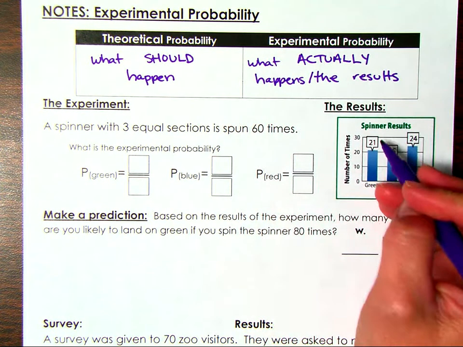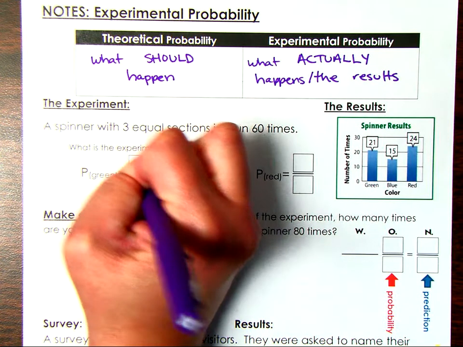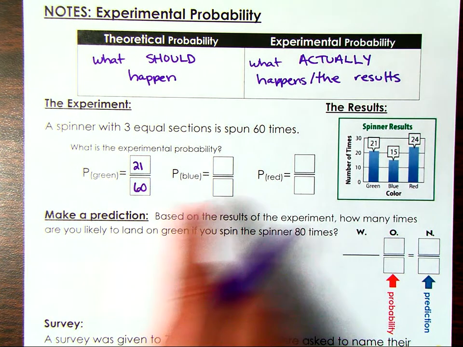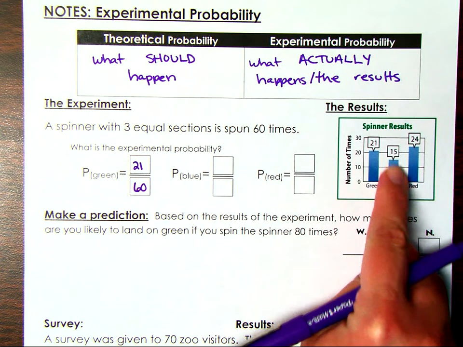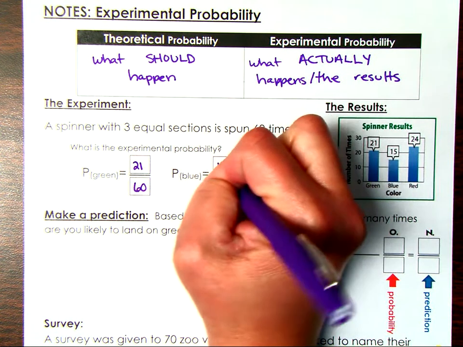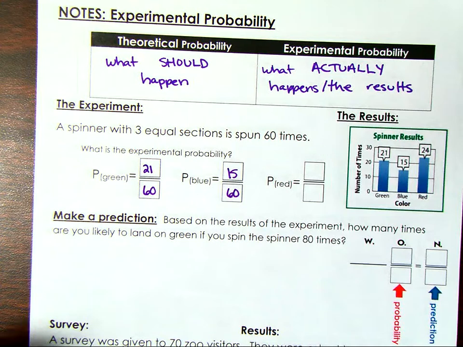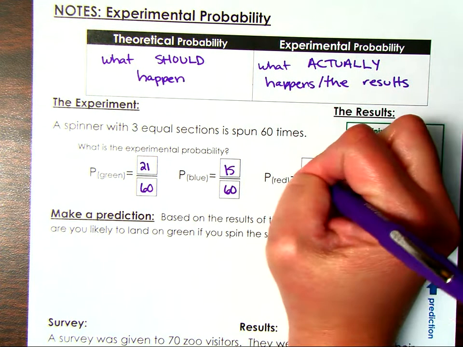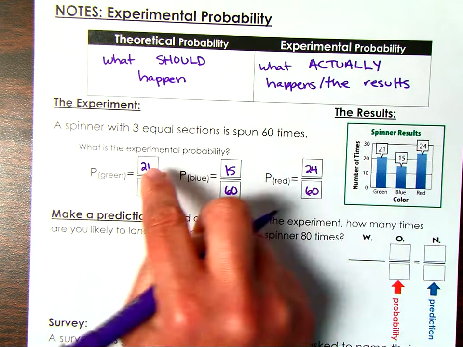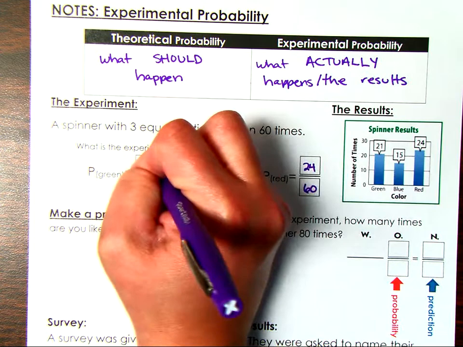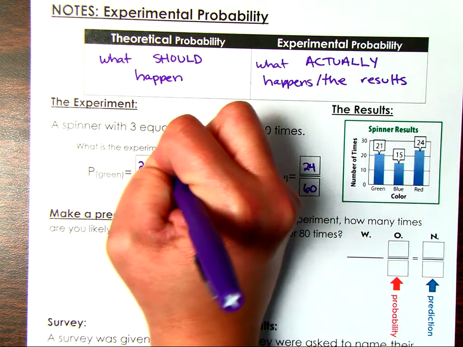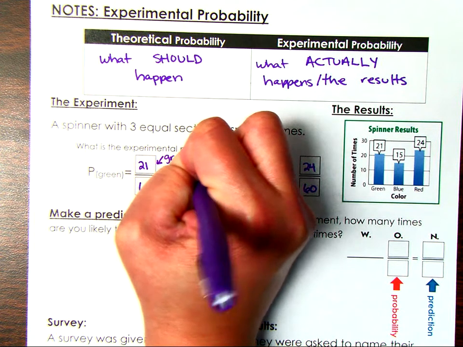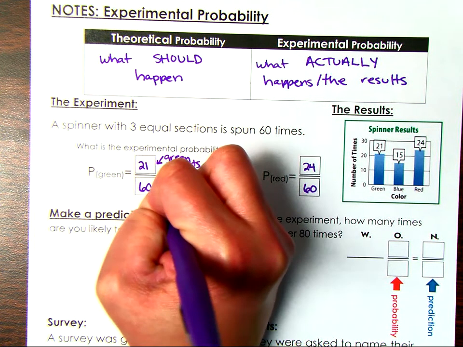Well, right here, we have 21 green out of 60 spins. The probability of blue, right here, is 15 out of 60. And then the probability of red was 24 out of 60. So our numerator is still the favorable outcomes, but this is the green results out of the total results.